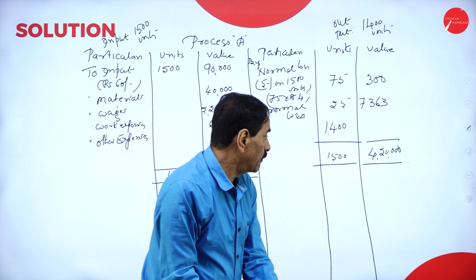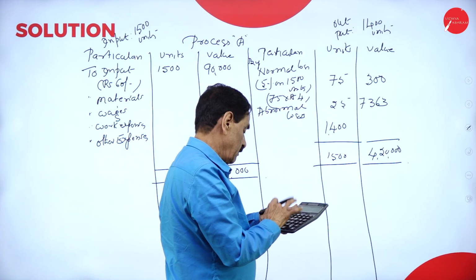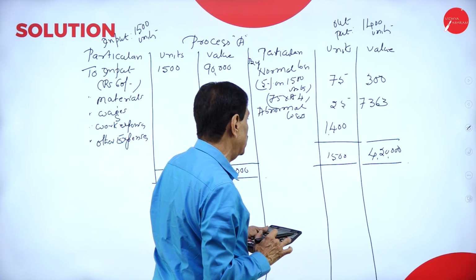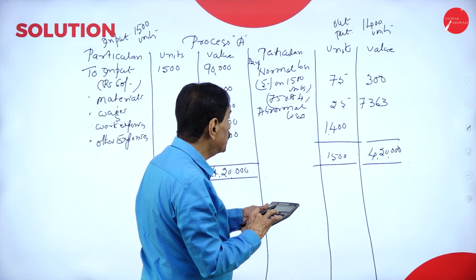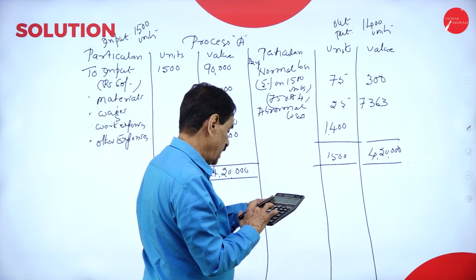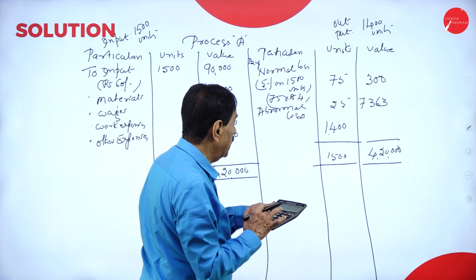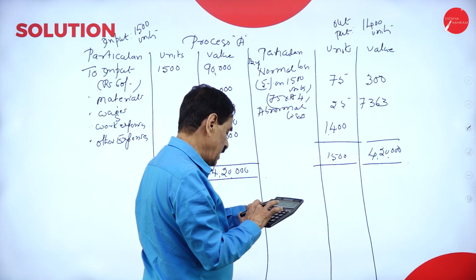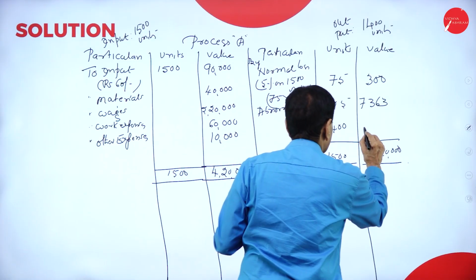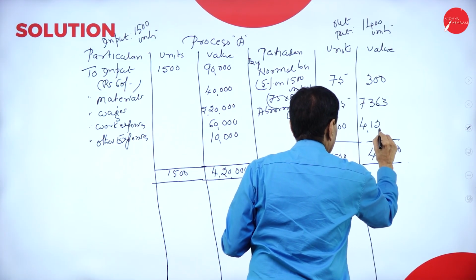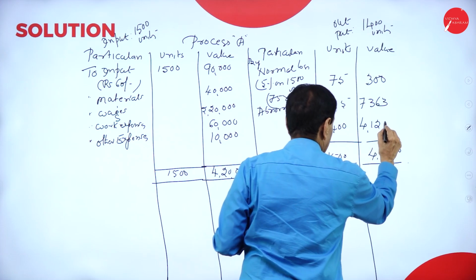Value 4,20,000 minus 300 minus 7,363 gives 4,12,337.